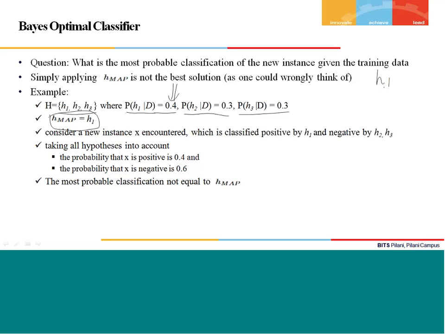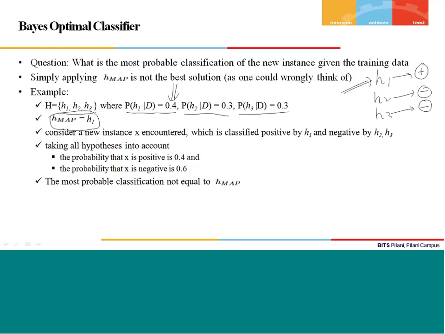Consider a new instance X encountered, which is classified positive by H1 and negative by H2 and H3. MAP is saying that this is the best hypothesis, having the highest probability, right? But H1 classifies the given sample as positive, and the remaining two hypotheses classify it as negative.